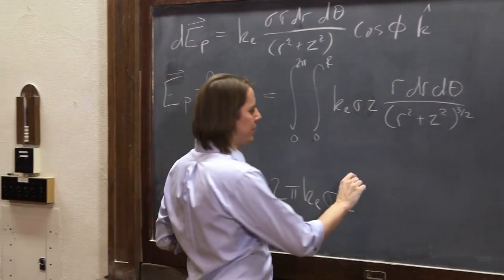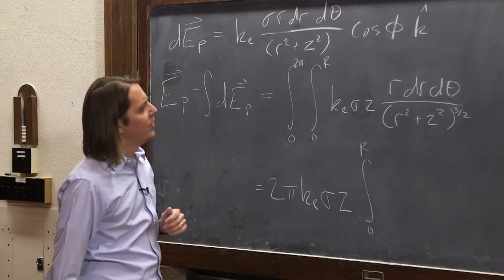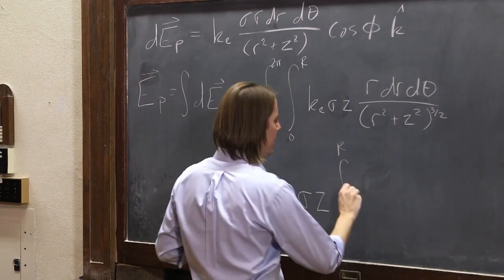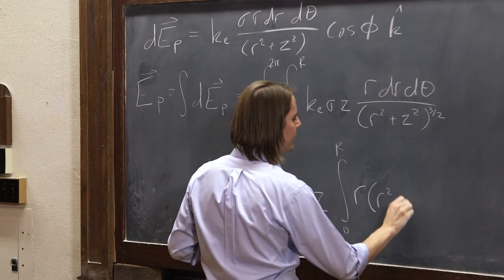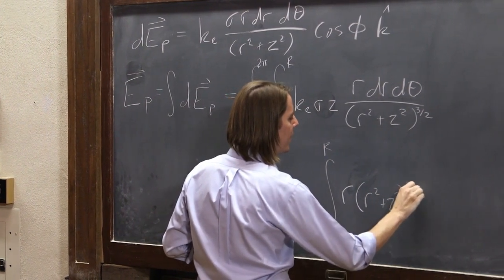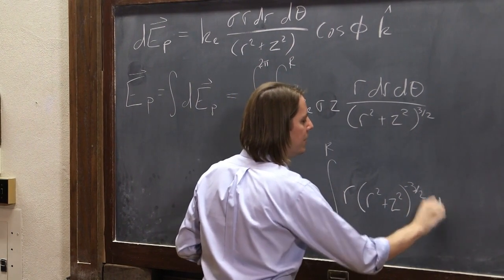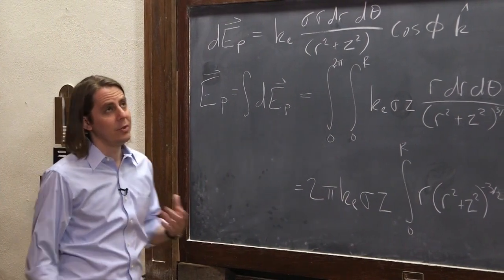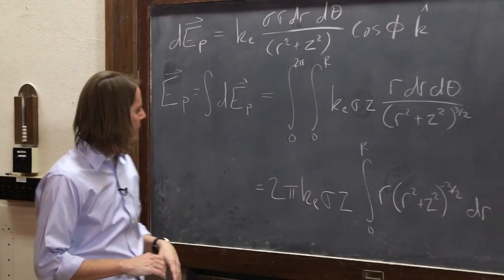And we're left with this integral from 0 to R of what? r, and I'm going to write it like this: r times r squared plus z squared to the minus 3 halves dr. Go ahead and just not write it as a quotient. Okay. Similar to how I did that integral when we had the point charge near the rod. We'll just write it this way.